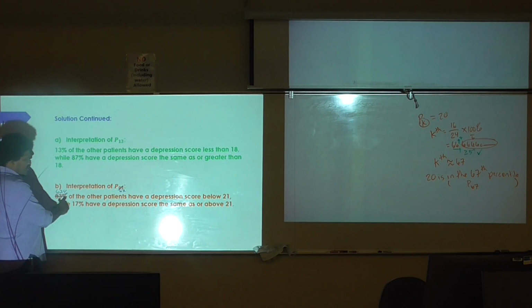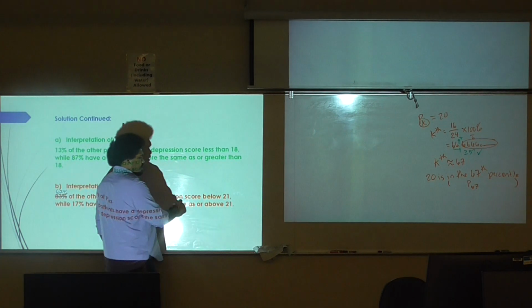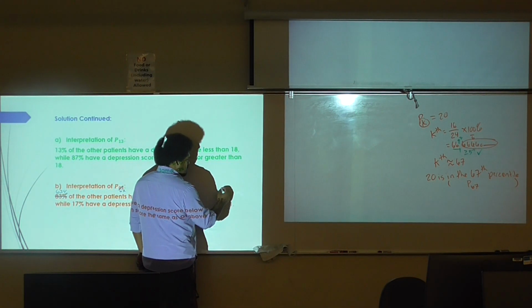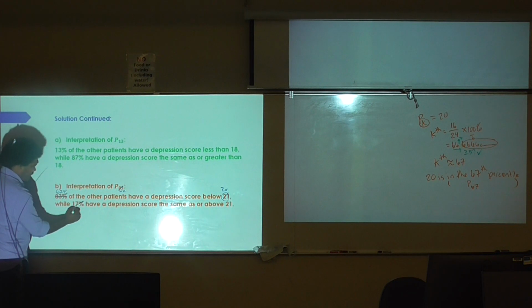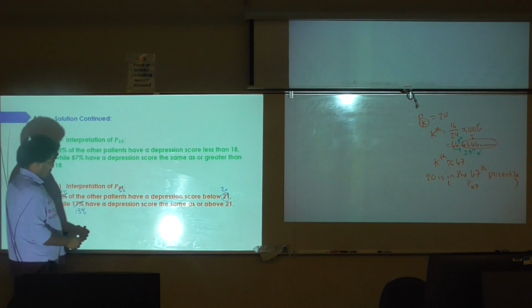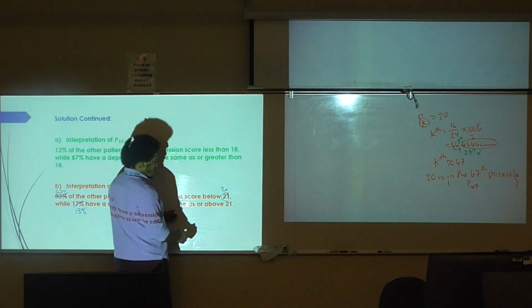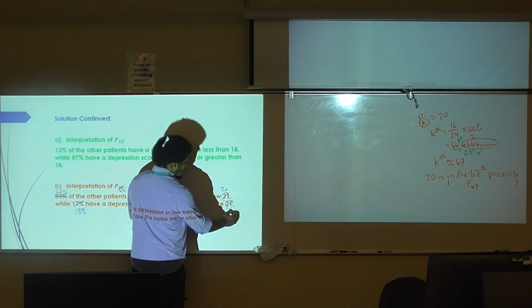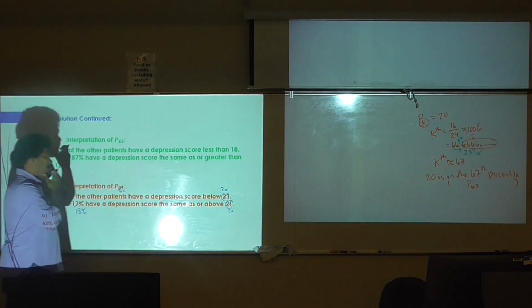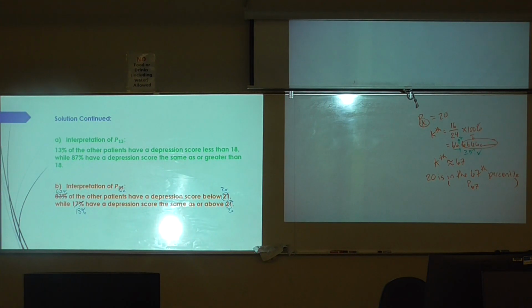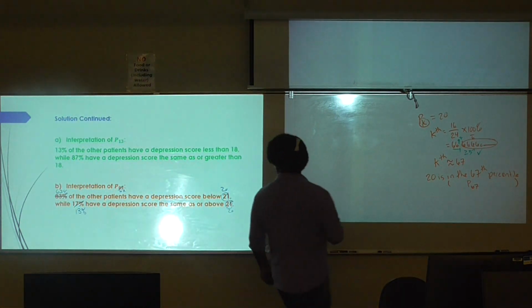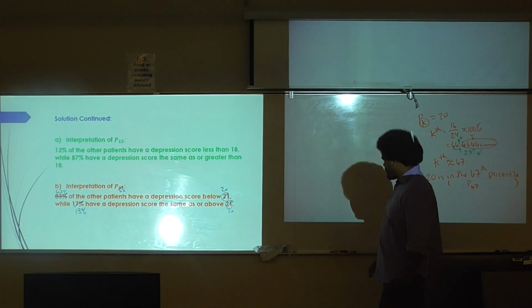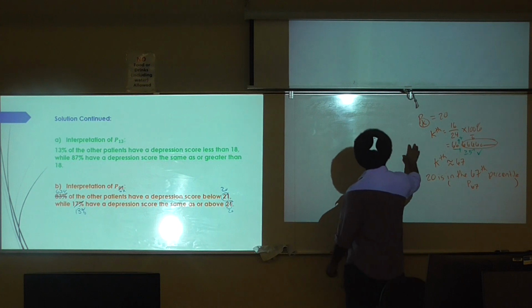So 67% of all the patients have a depression score below 20, while over here it would actually have been 13% have a depression score either the same or above 20. I was supposed to have the work to get it over there. I'm shocked I didn't notice that. But that's pretty much what's happening there, because of the work I have right here for the 20.